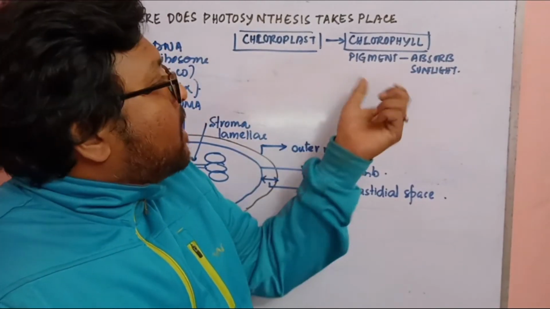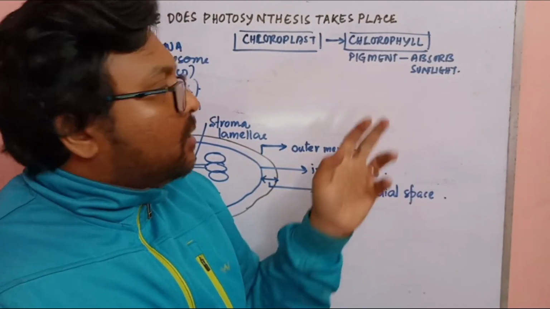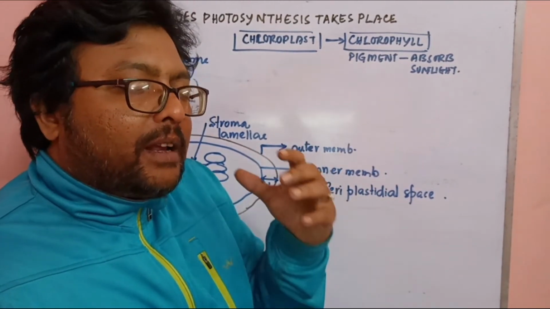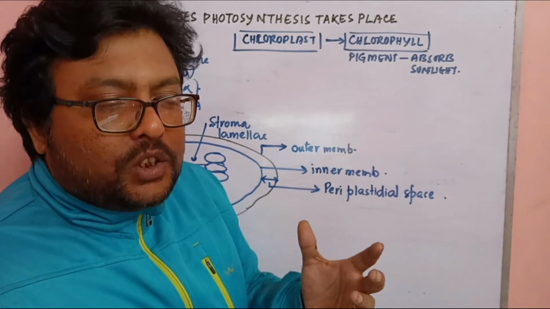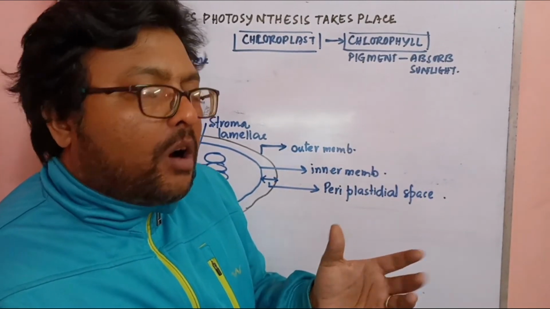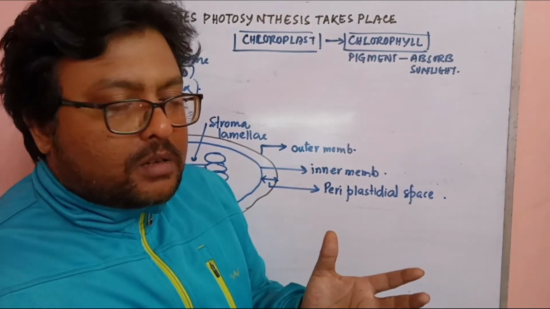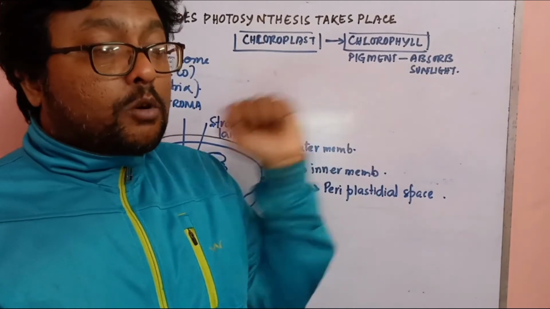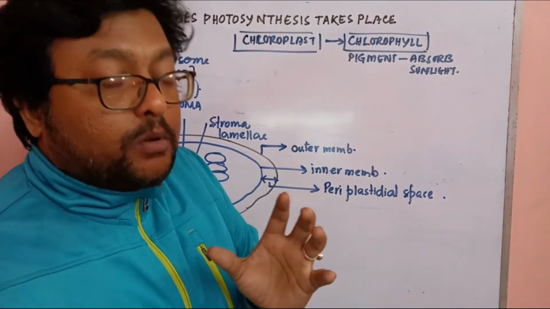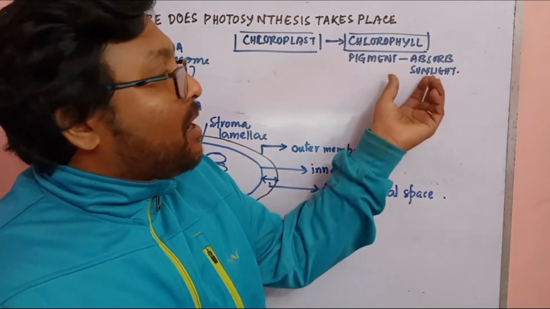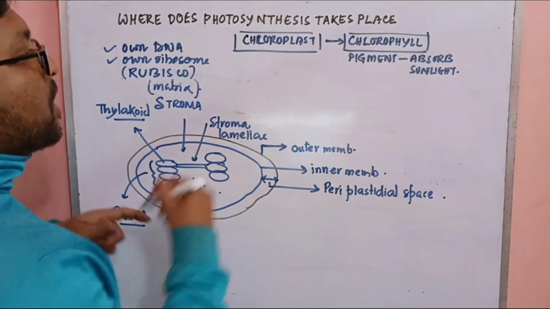We can simply say that this chlorophyll absorbs sunlight and changes that light energy into the chemical energy of food. That is how photosynthesis, or synthesis of food, occurs. So we know what the function of chloroplast is. What is the function of chloroplast? Chloroplasts have chlorophyll that actually helps in the process of photosynthesis by absorbing sunlight.